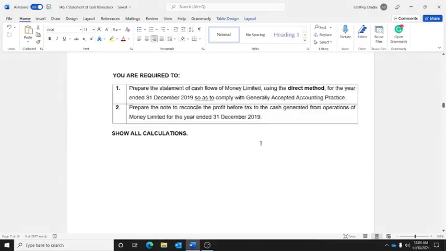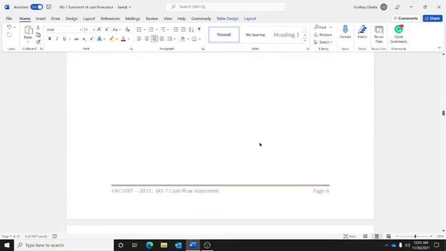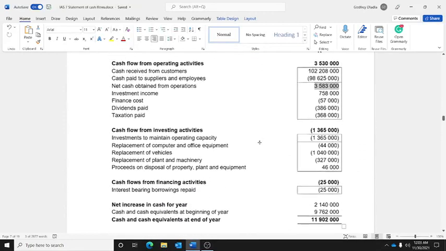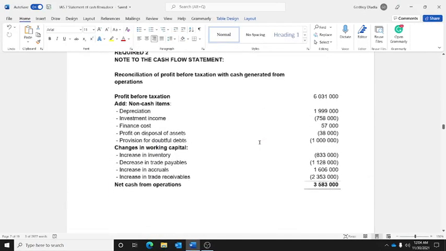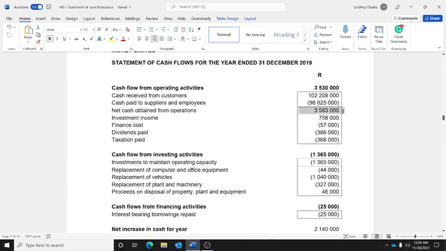So then you've got your statement of cash flow, and you've got your reconciliation, which agrees to the net cash from operating activities, which is this one here, right?